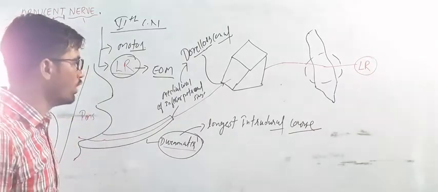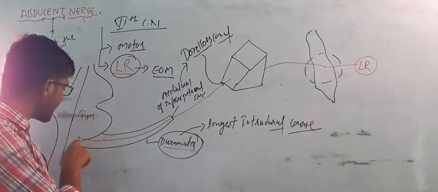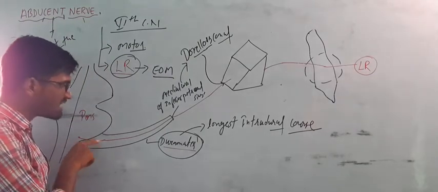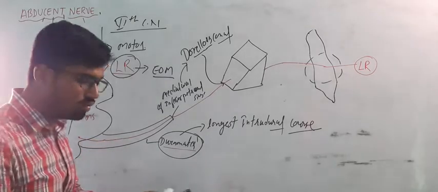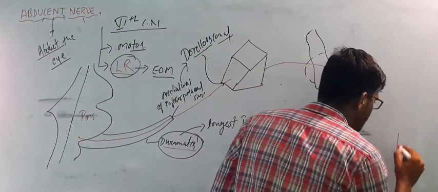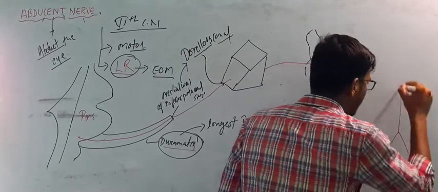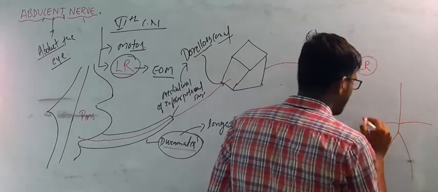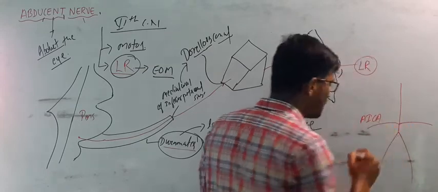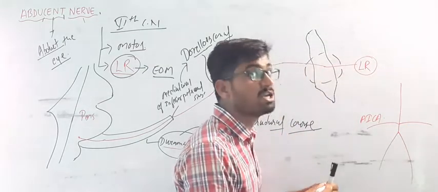Any problem? No. So what you have to remember is that after originating from the pons, it runs upward and forward. How? Come here. Here is the blood supply of the brain, and you should be thorough with that. This is the basilar artery and this is the anterior inferior cerebellar artery.